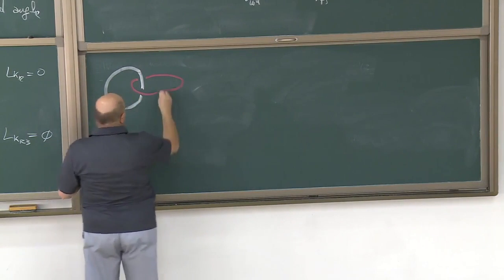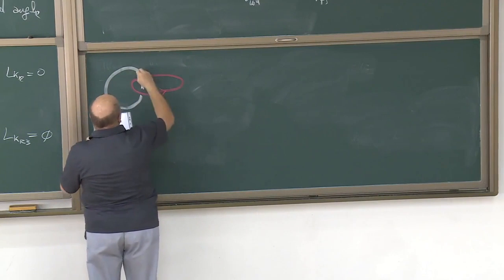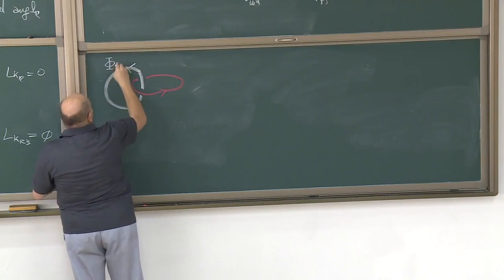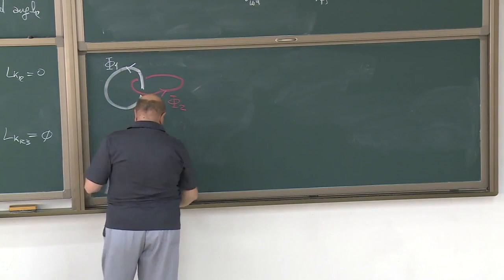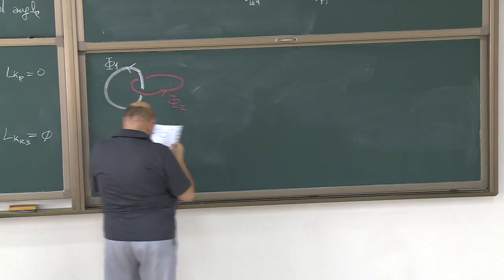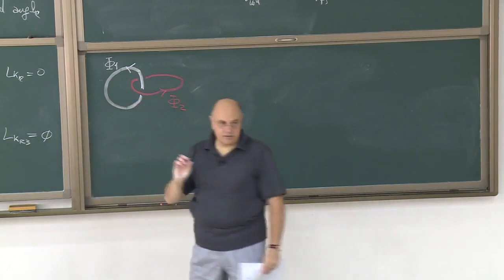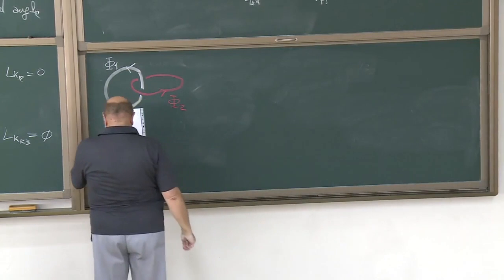Okay. So this is phi 1, and this is phi 2. And then we consider these two rings of small cross-section. This will help in the mathematics.